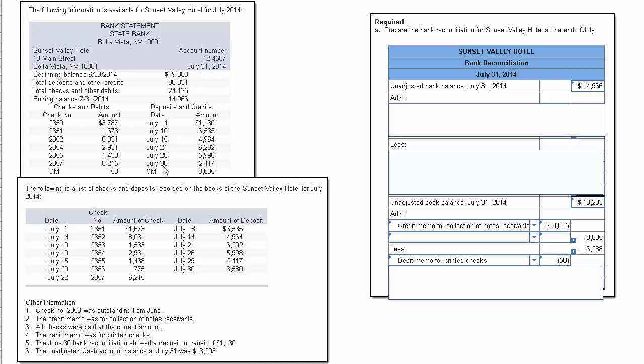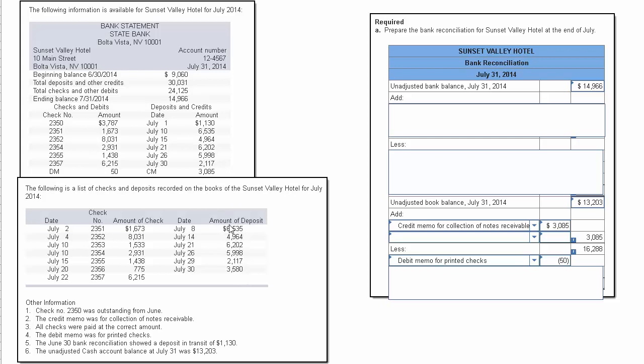So if we look here, we see that our last deposit was made on July 30th for $3,580. Their list of deposits goes to 2117, but it doesn't have the 3,580. Now the rest of these probably match.